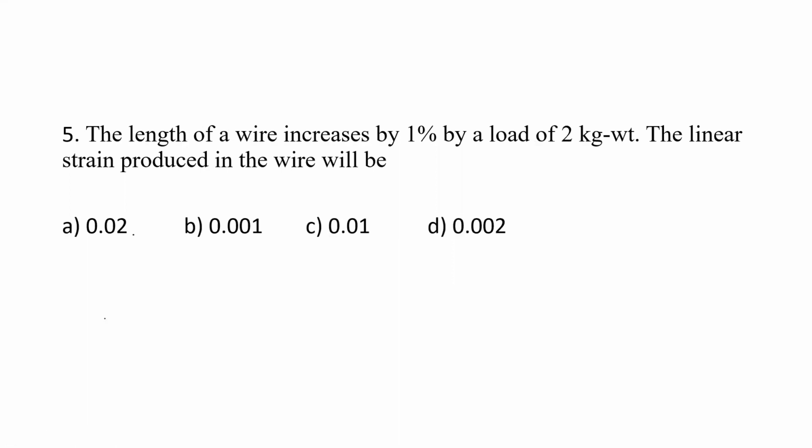Next question. The length of a wire increases by 1% by a load of 2 kg weight. The linear strain produced in the wire will be... so what will be the linear strain produced in the wire when the length is increased by 1% and the load is 2 kg weight?